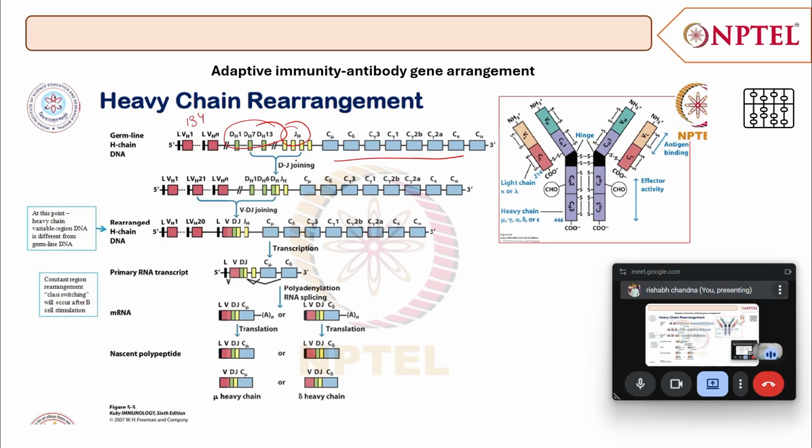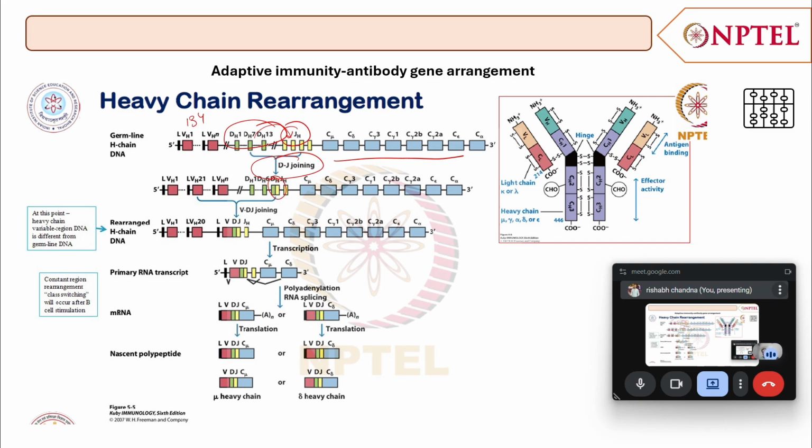Then first we have the joining. So in this case, for example, any of the D's can be joined to the J's. So first the DJ joins, and any of these D's will join with the J. So this is called the splicing reaction. Okay, so by splicing they join like this.